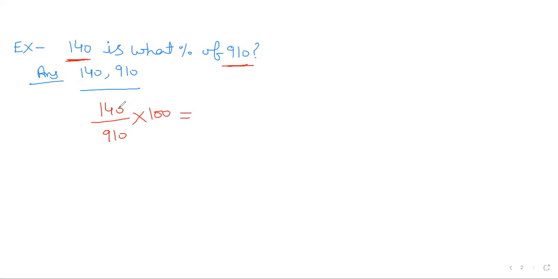Here we can get 1 upon 13. If you can remember, 1 upon 13 is nothing but 7.69%, into 2. So the answer will be 15.38%.